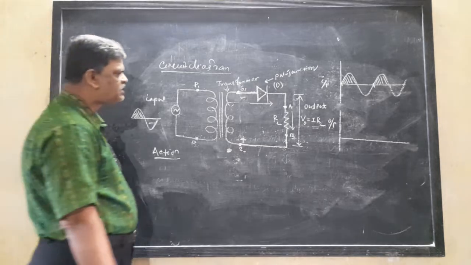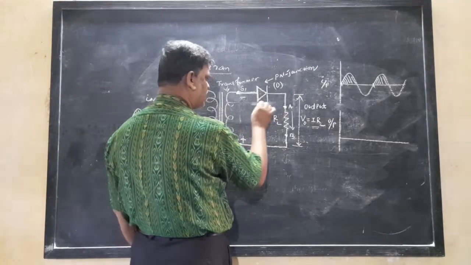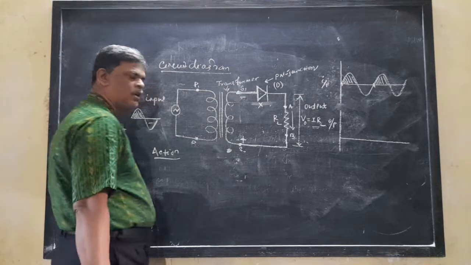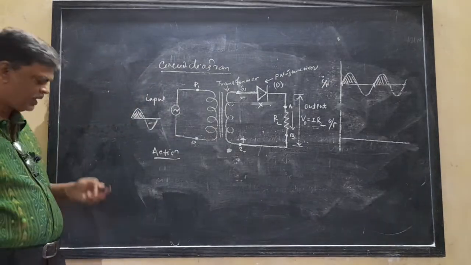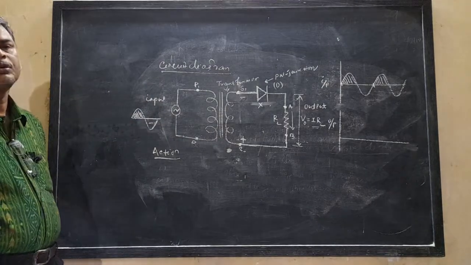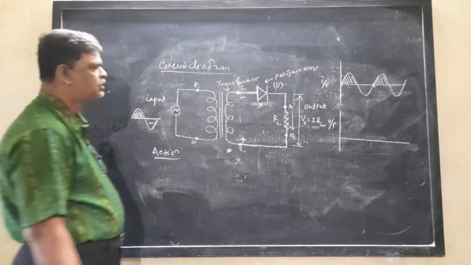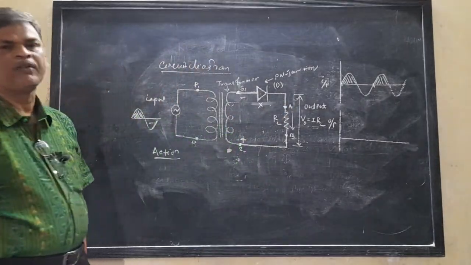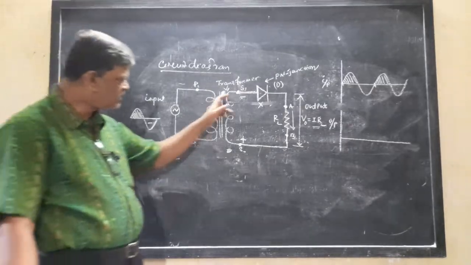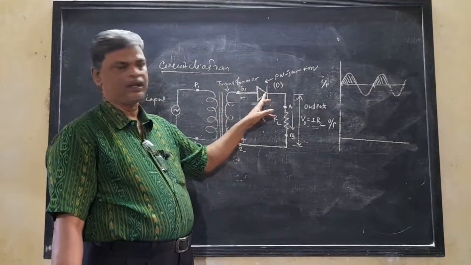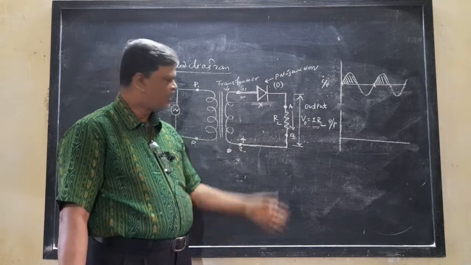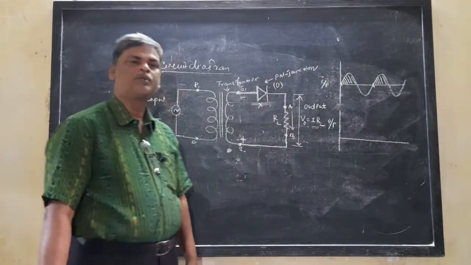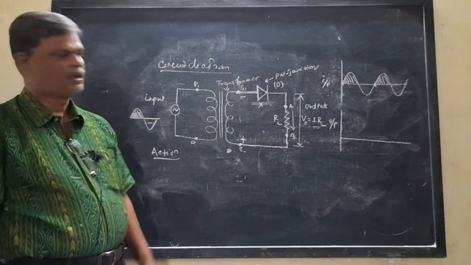When the PN junction is reverse biased, then it does not conduct, so there is no current through this junction. When there is no current flow, I is equal to 0. If I is equal to 0, then output is 0. Clear?